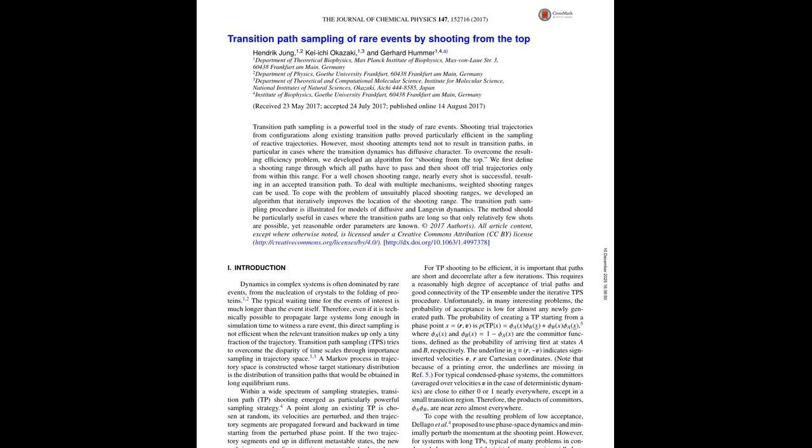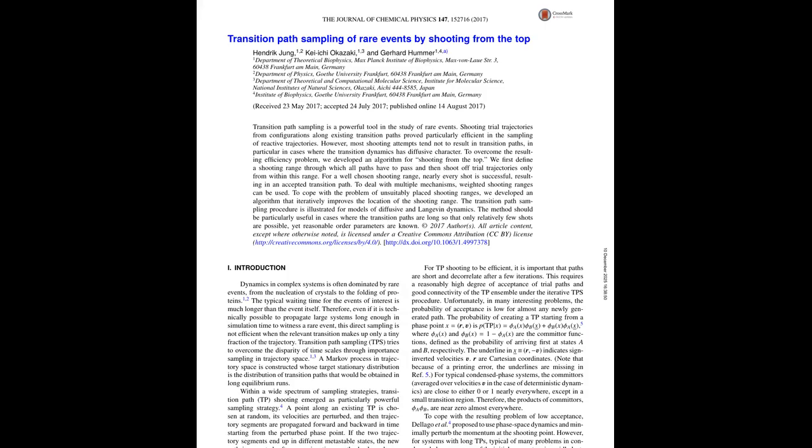In conclusion, this work demonstrates that transition path shooting, with carefully defined shooting ranges and a Metropolis acceptance criterion, can effectively and accurately sample transition path ensembles between metastable states. The approach matches equilibrium simulations in capturing spatial and temporal statistics of transitions, as evidenced by low divergence in distribution comparisons.